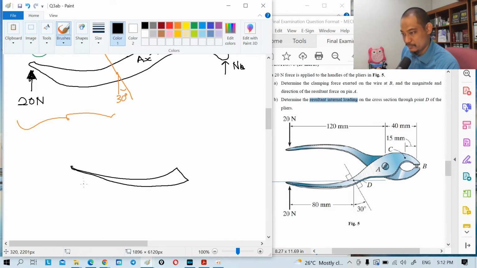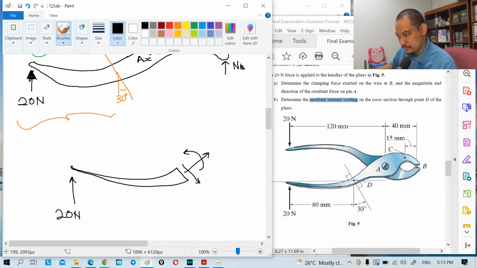So 20 Newton is here, and this is point D. So we have that shear, moment. This is point D, we call D, so ND, MD, VD.